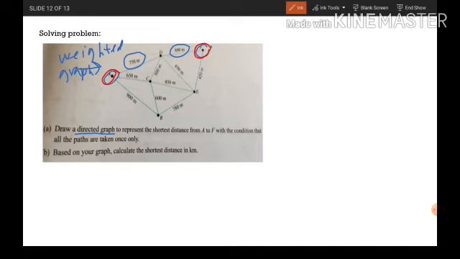So, okay, look at A. Between 750 and 900, which one is the shortest one? And 650. Okay, so 900 is disqualified because it's the longest one between these three.